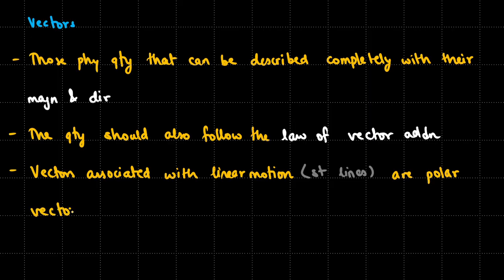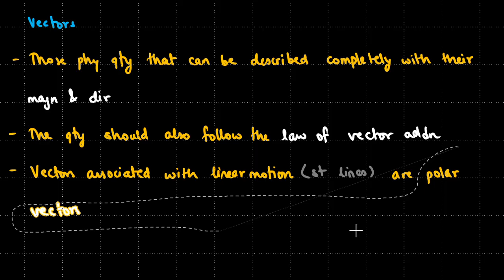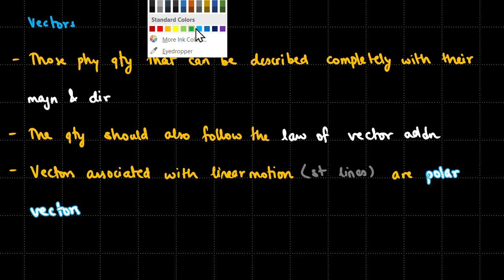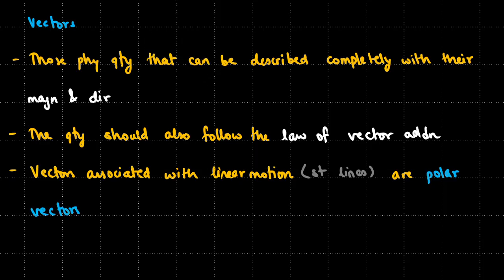So we are going to explain all these topics pretty quickly, don't worry about that. So let's highlight the term polar vectors. Let's make it blue color to say that it's a term, not that it's an important point.